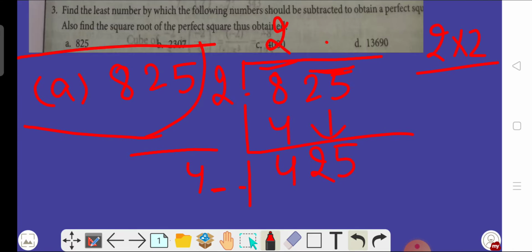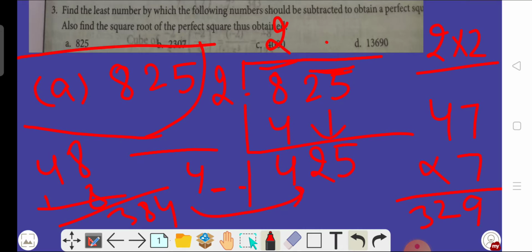Now we will find this unit place digit by the trial and error method. Let this be 7. When you multiply 47 by 7, this will become 329. Okay. And when you multiply 48 by 8, this will become 384.